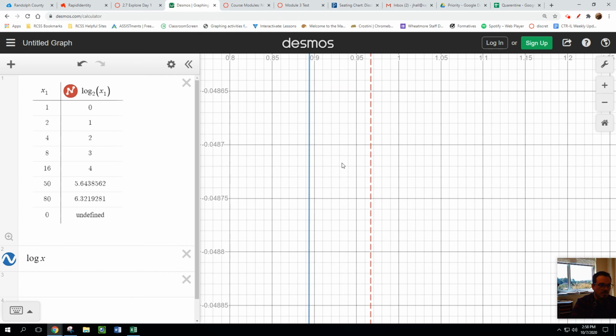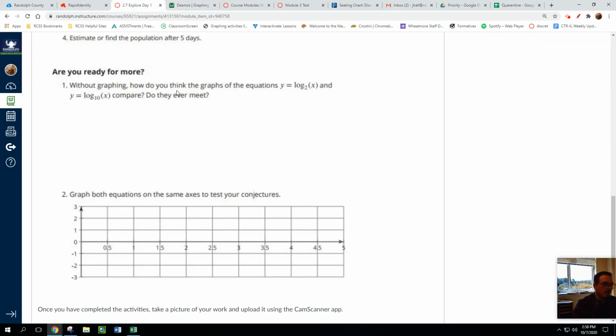They actually never touch. So how do the graphs compare? It looks like this one's increasing graphically at a quicker rate, but that's just because the x is increasing at a lower rate. Do they ever meet? No, they don't. So then graph both of these to test your conjectures, which we just did.